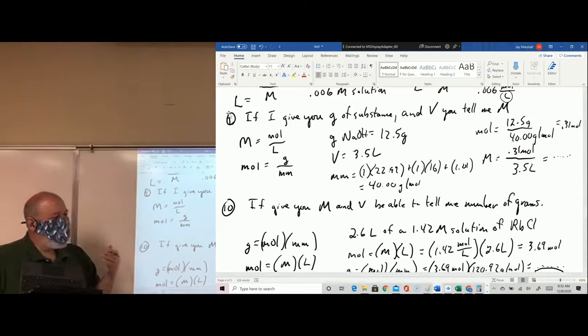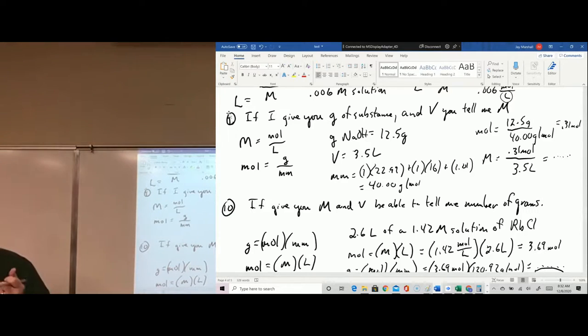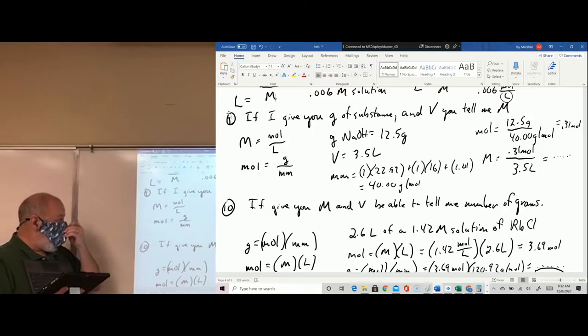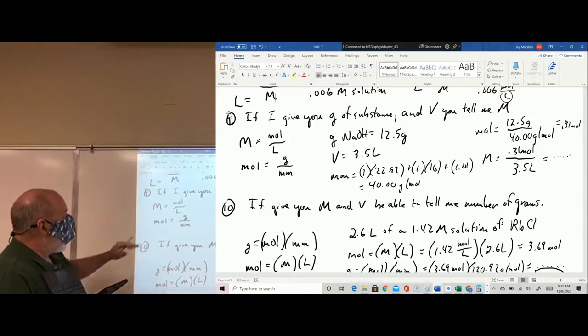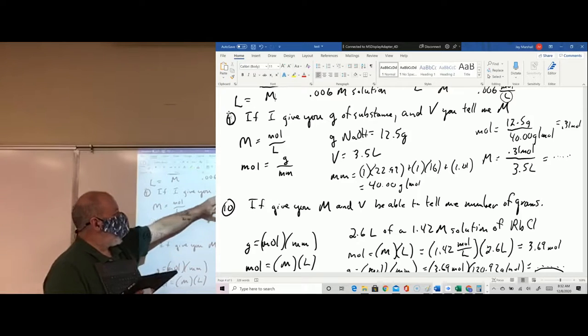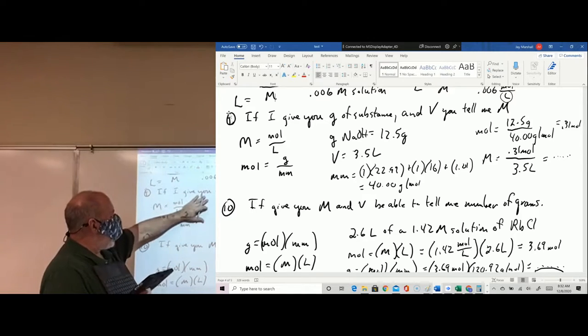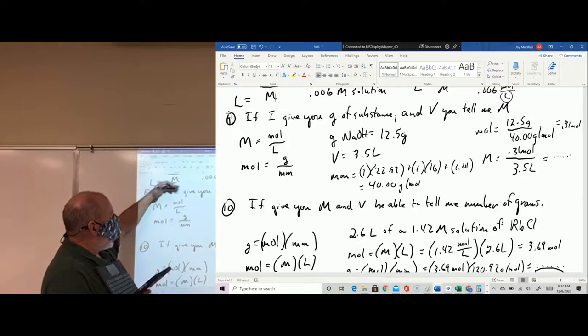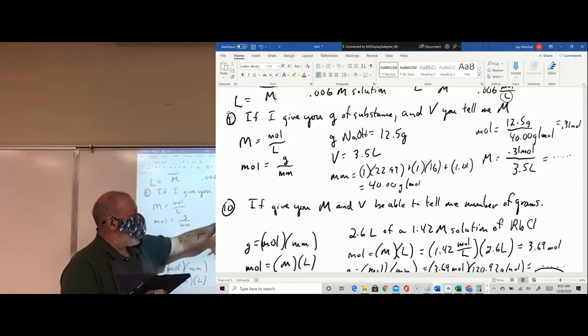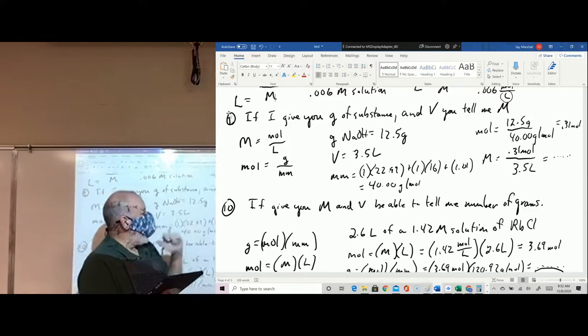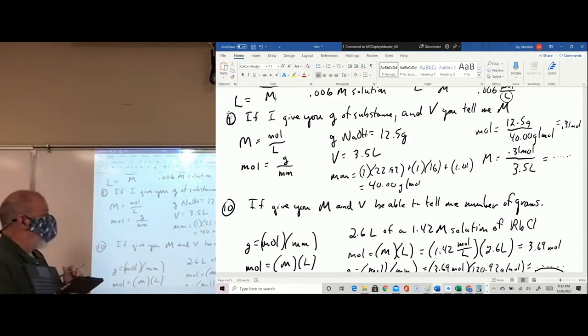Because I'm never going to tell you, go into the laboratory and measure out 9 moles of something, right? We can't do that. I'm going to tell you to go into the laboratory and measure out a certain number of grams. Okay? So we need to be able to bring grams into the molarity situation. So if I give you a number of grams of substance and volume, you tell me what the molarity is.